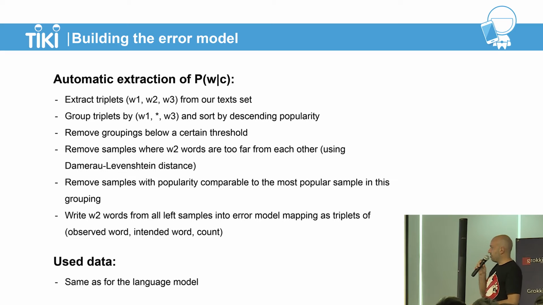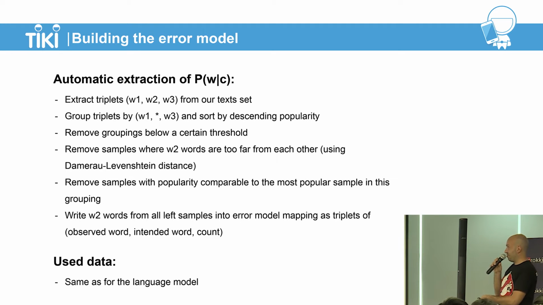And then what we are left with is basically samples where word 1 and word 3 are the same, word 2 for different samples are really similar to each other, but one of the word 2 is much more popular than the other ones. And this looks exactly like a misspelling, right? Just the idea of this. I will give more examples later.